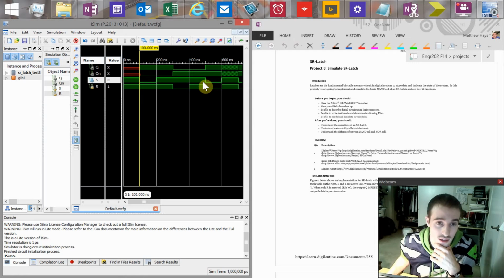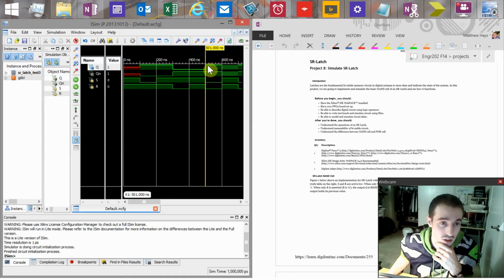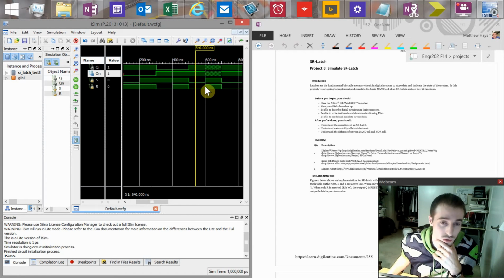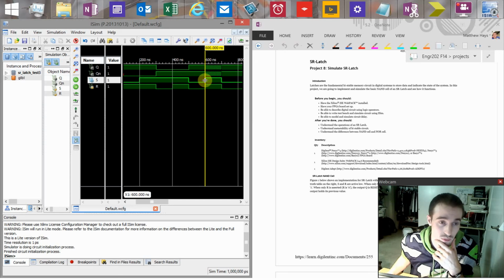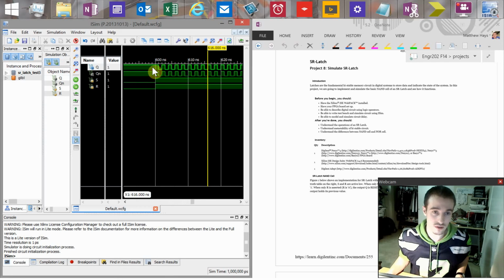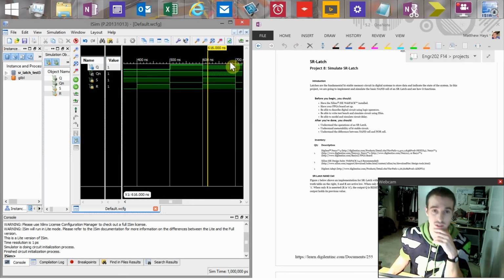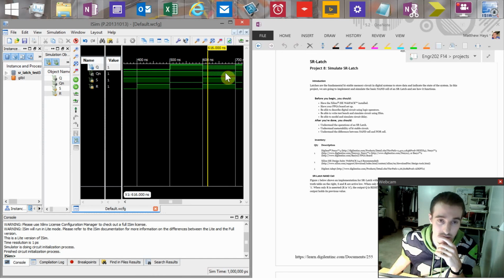And then if you assert both at the same time, both Q and QN get a value of 1, and because there's a feedback loop that screws things up, when you deassert it here, when you drive both S and R high, you get this oscillation of values for QN and Q, which is called the metastable state, and that's something you don't want and can be fixed in other flip-flops using clocks and whatnot in other configurations.